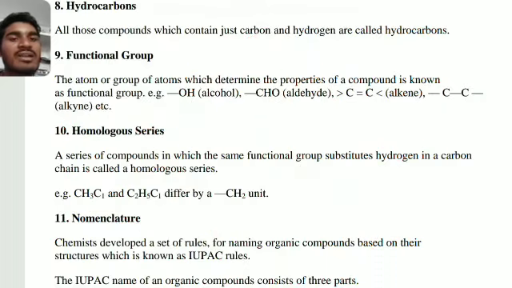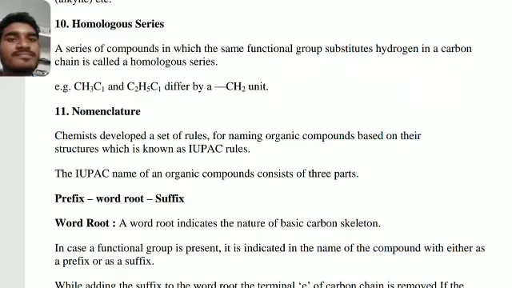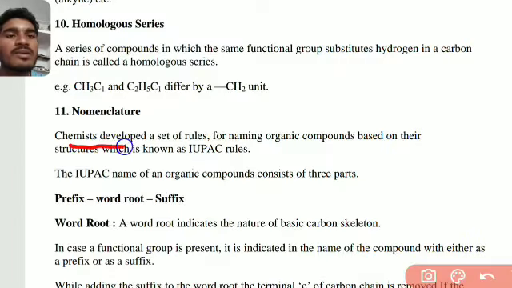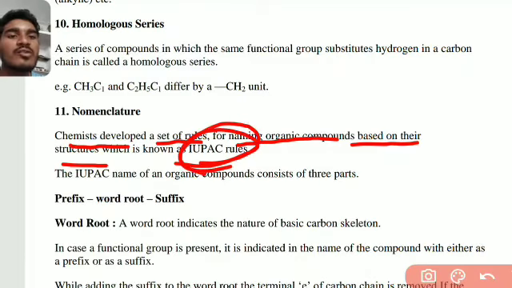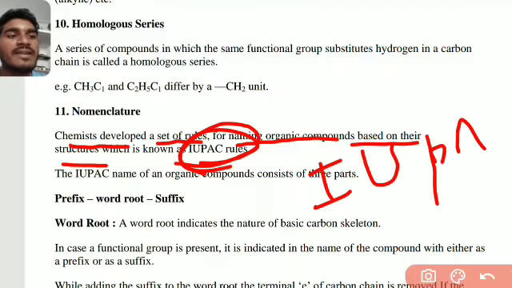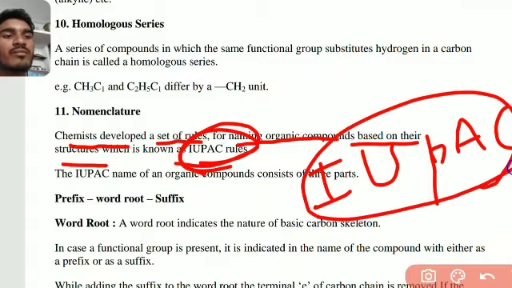Next, we see the nomenclature of carbon. In nomenclature, chemists developed a set of rules for naming organic compounds based on their structures, known as IUPAC rules. Okay, IUPAC means International Union of Pure and Applied Chemistry. This is very, very important for 10th class, and then when we enter into inter and degree syllabus.